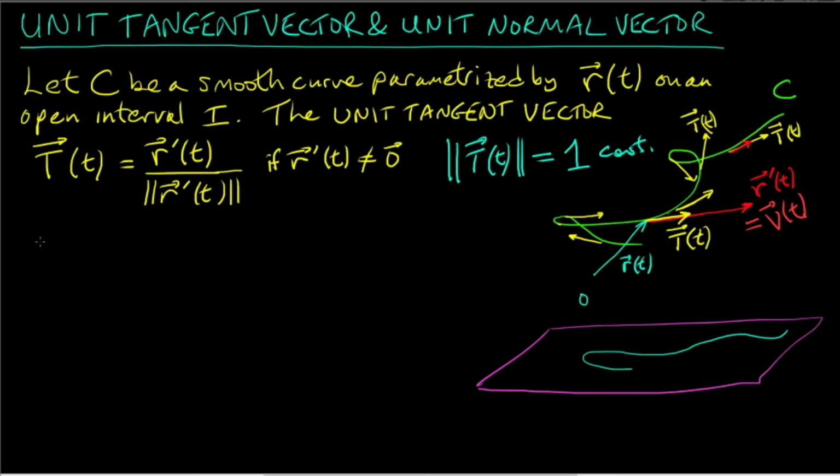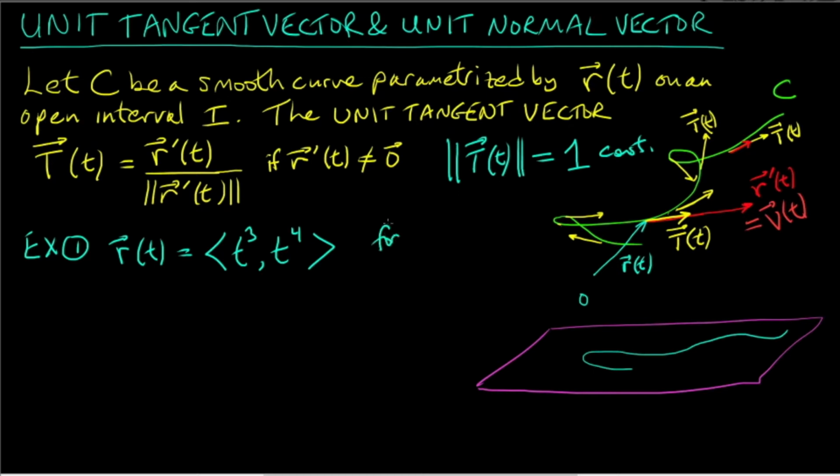The first one will be kind of an easy one. Suppose r is just the vector with components, and we'll make it a plane curve. So the components will just be, let's say, t cubed and t to the 4th, and this is for all t.